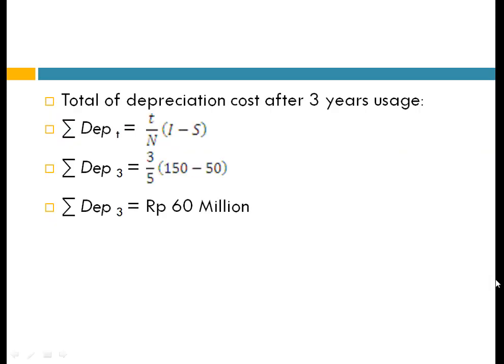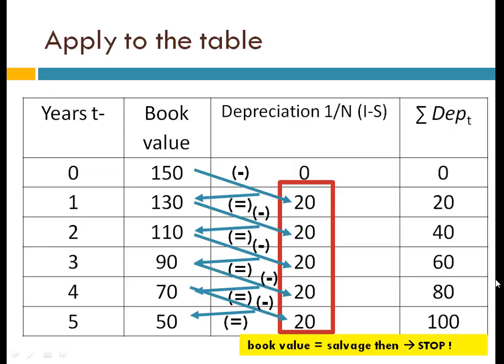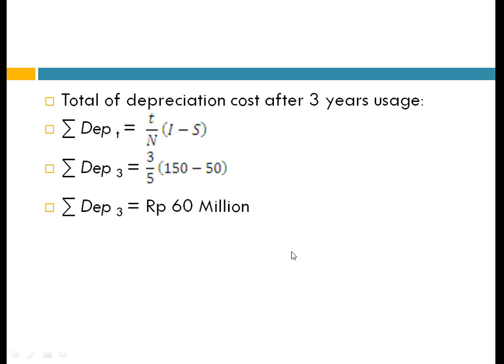And now we are going to estimate the total depreciation after 3 years of usage. You can see that in this case there is complete information, so we can skip ahead by using a direct formula.